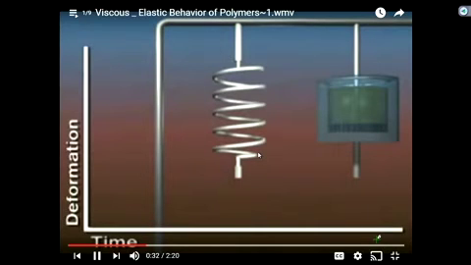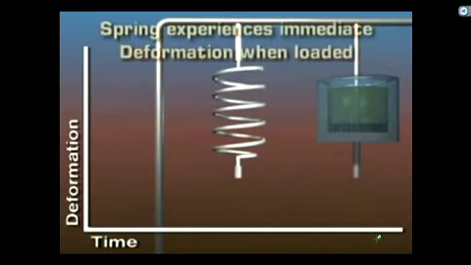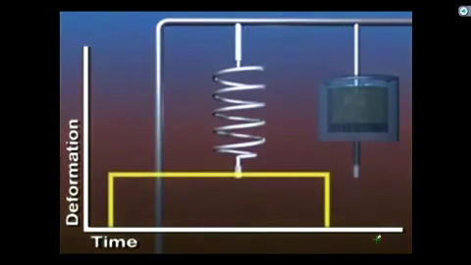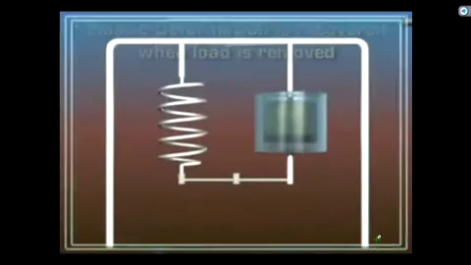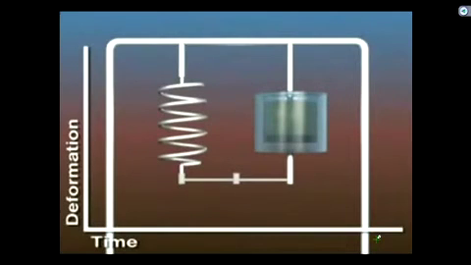The suspended load. A graph of deformation and time helps you understand the mechanics of the system. The first component of the model is a spring. When a weight is added to the spring, an immediate deformation is observed. When the weight is removed, all of the elastic deformation is recovered. The second portion of the model involves a spring and dashpot in parallel.